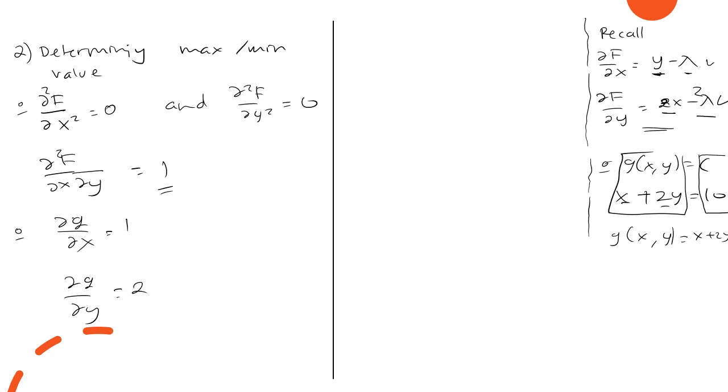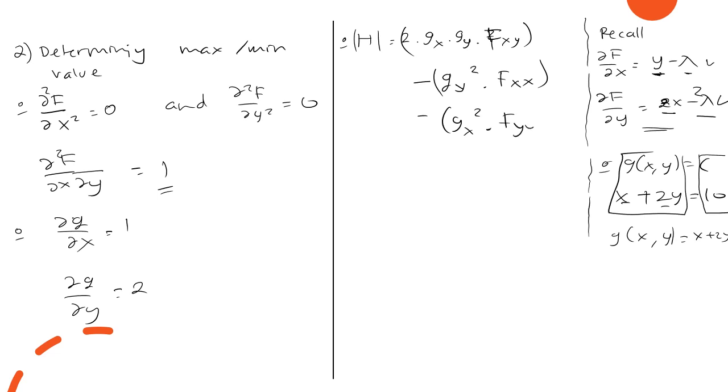Now we go to the Hessian determinant. Hessian is 2 times the first derivative of g with x and y, times the second derivative xy, then minus gy squared times f xx, the second derivative of x, minus gx squared times fyy.